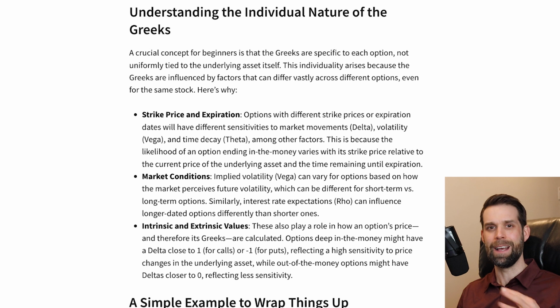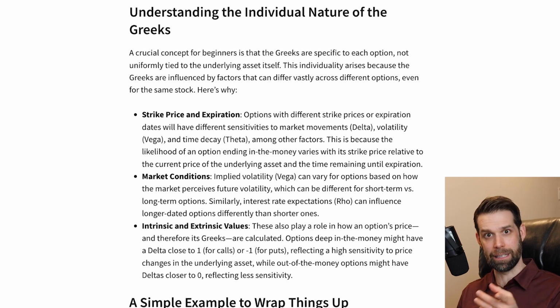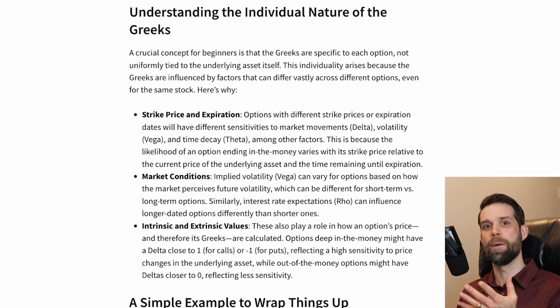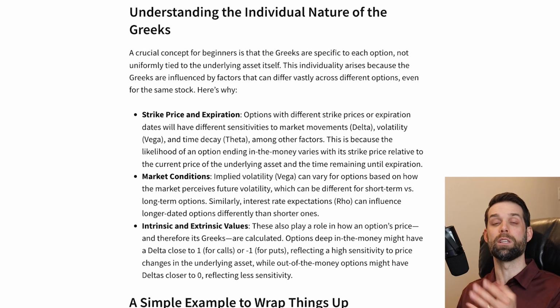If you think about an option on Tesla, as an example, if it expires this Friday, that's going to have a much different extrinsic value versus an option that has maybe 60 more days until it expires. So the values of these Greeks are going to be different for different options.